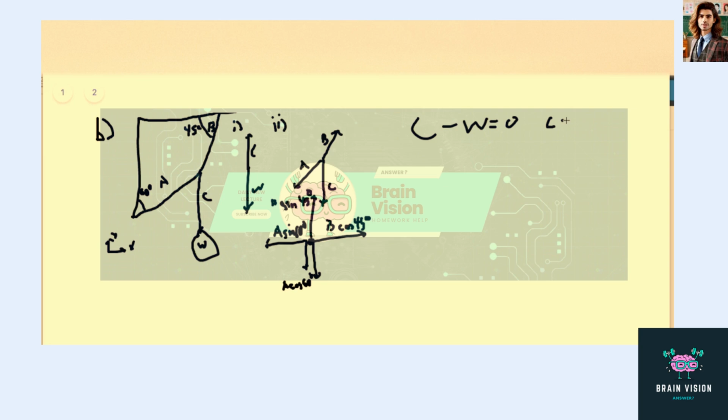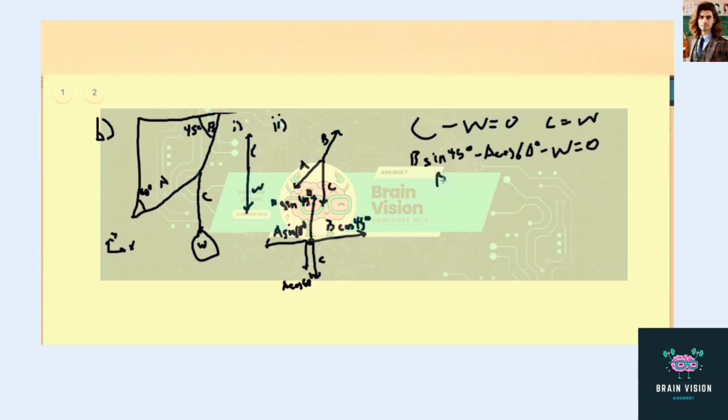So like in the previous part, we have just C is equal to W. Then we have B sine of 45 degrees minus A cosine of 60 minus C, and I'm just going to insert in W now, since we already know that, equals 0.